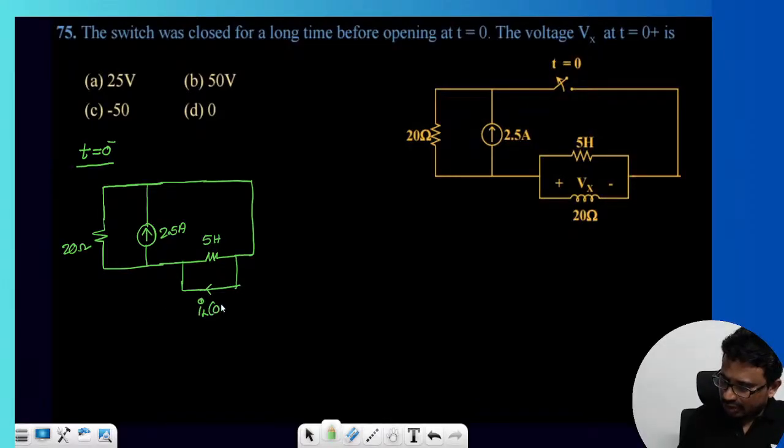Tell me now, IL of 0 minus. So how much is this IL of 0 minus? That should be equal to the complete current passing through the inductor only, 2.5 amps.